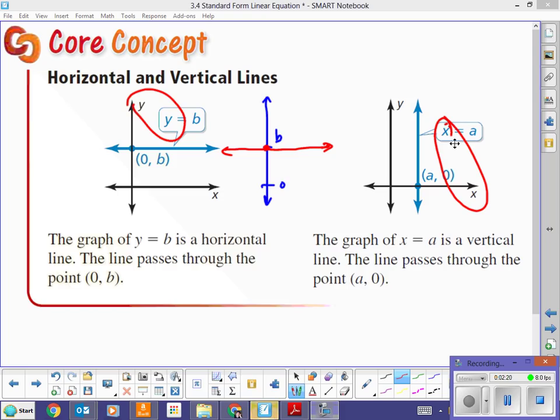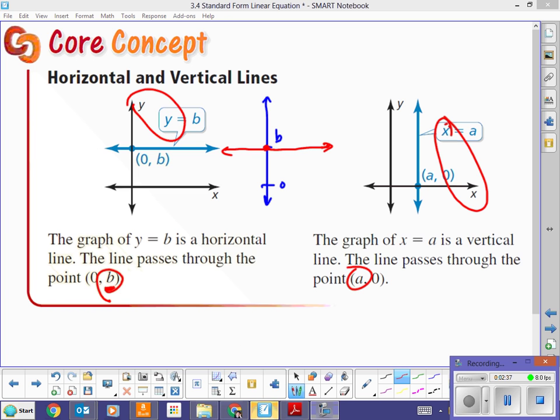So x equals is a vertical line going through the x-axis. Y equals is a horizontal line going through the y-axis. And it's going to go through that point, either the y value or the x value.